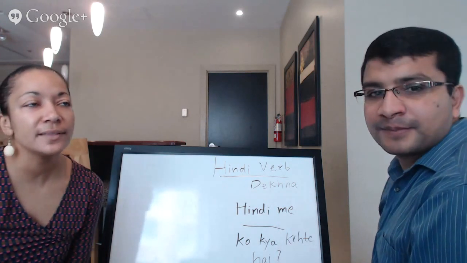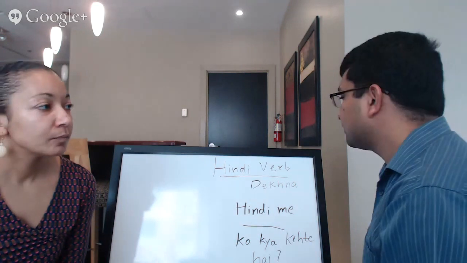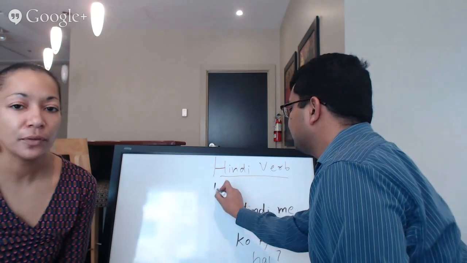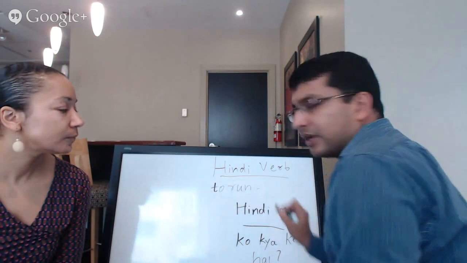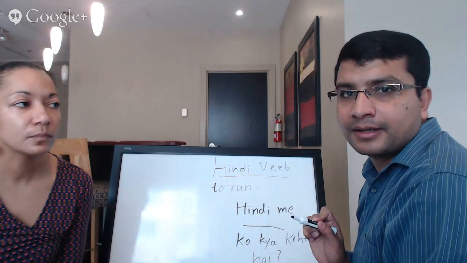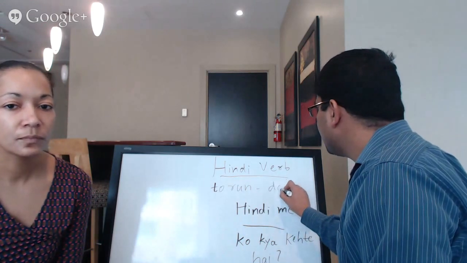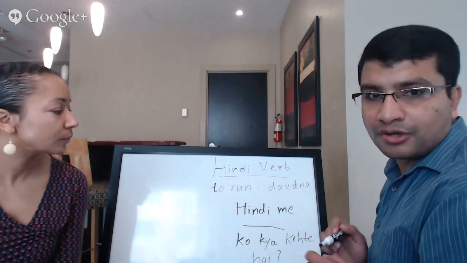Okay, so let's say I wanted to know how to say to run. हिंदी में to run को क्या कहते हैं? हिंदी में to run को दौड़ना कहते हैं. दौड़ना. DAUDNA. दौड़ना.